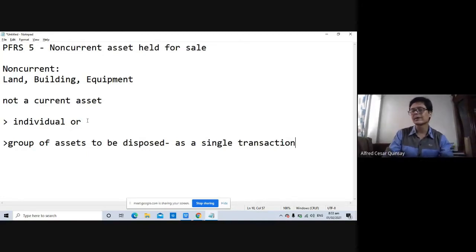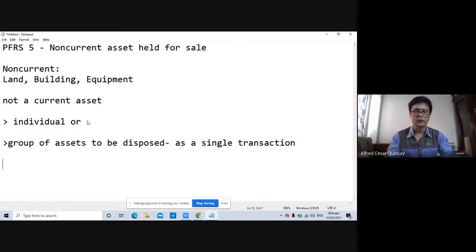So fleet of transportation, no? Which is part of a non-current asset. So yung fair value niya, yung halaga niya, tapos kung meron siyang encumbrances, let's say meron siyang mga utang, itong mga fleet of vehicles na to, i-assume rin nung buyer.